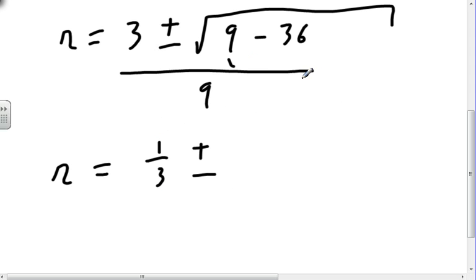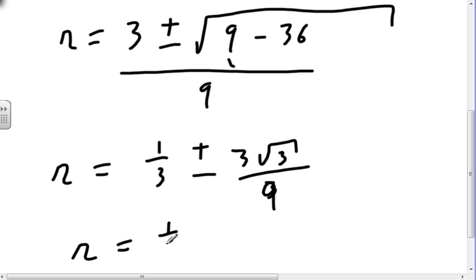Really? Yeah, so I got 3 square root of 3 over 9. So r is going to be 1/3 plus or minus the square root of 3 over 3.